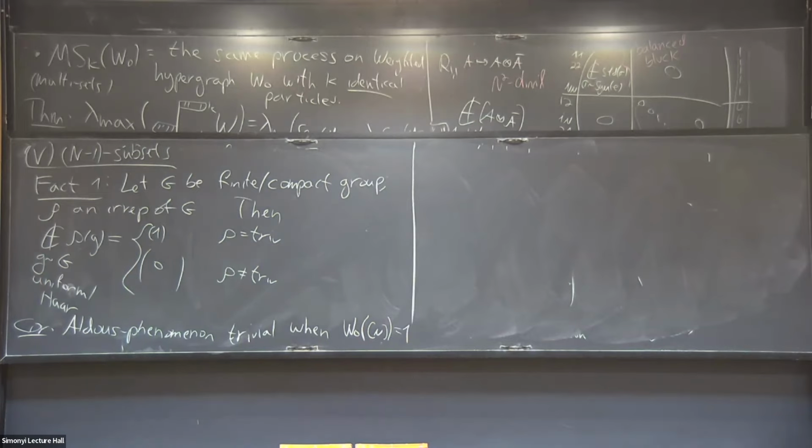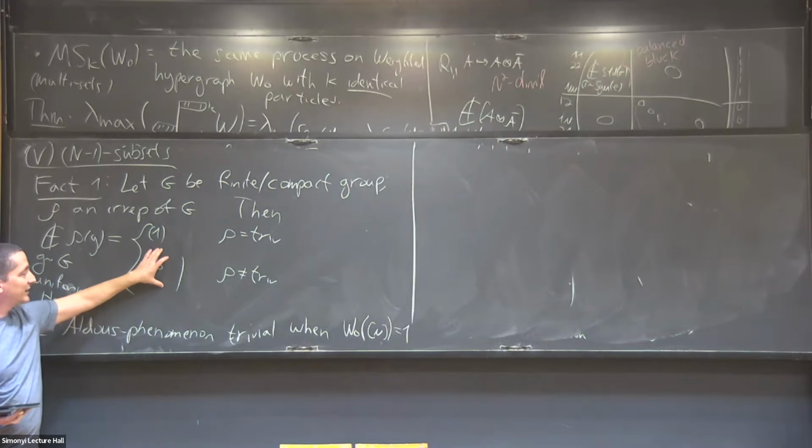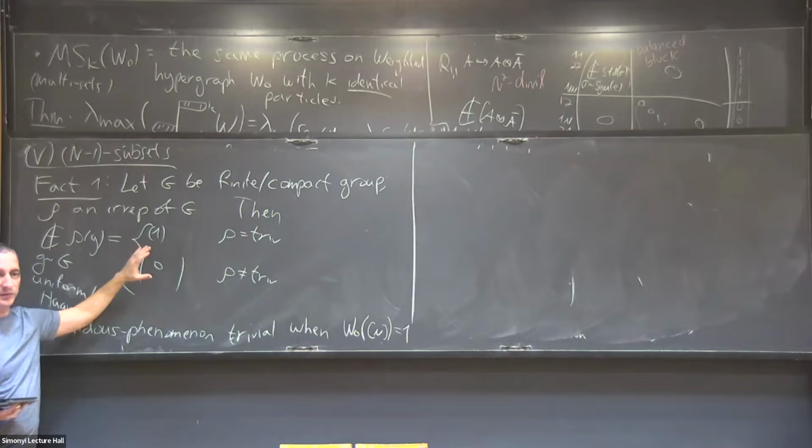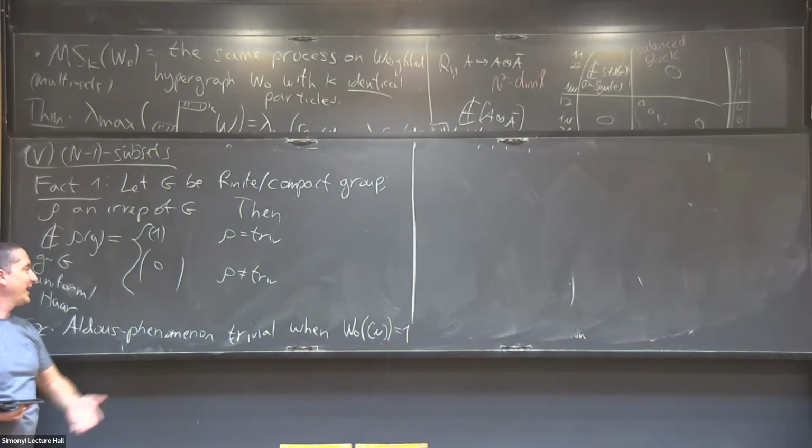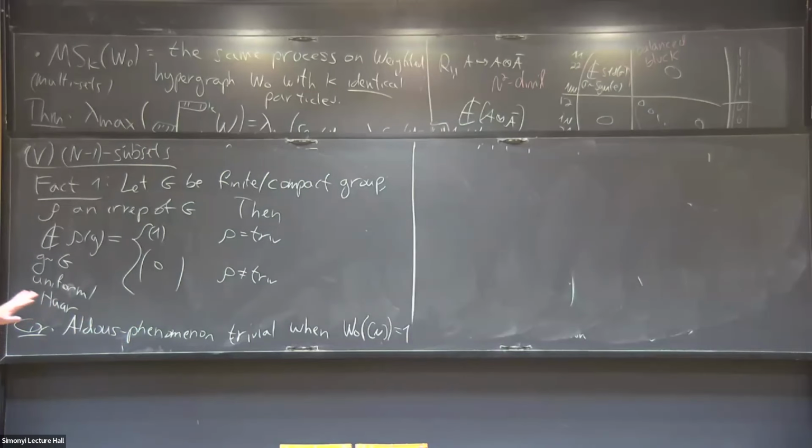Because when all the weight is on the full set, what do we get? We get eigenvalue 1 in the trivial representation, and in every other representation we just get zeros. So all the other eigenvalues are 0. So any irreducible representation dominates all the others, because all my inequalities were weak inequalities. So you can just say that now. There was nothing interesting there. Okay.